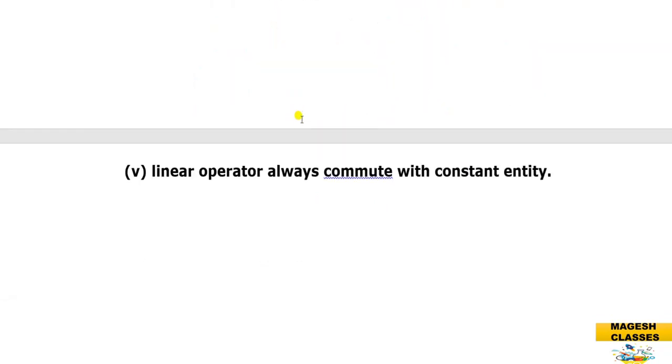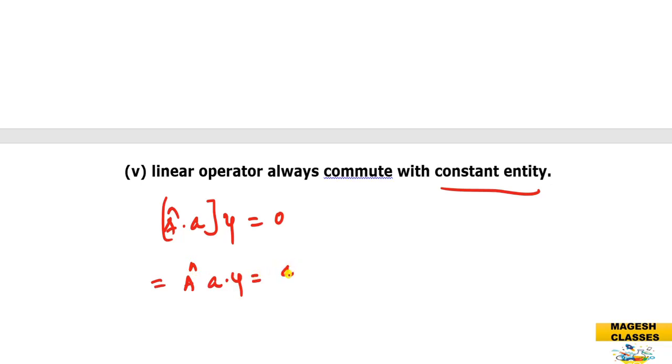Then our fifth property, a linear operator always commutes with a constant entity. The operator with the linear function is equal to 0. This is equal to A, the position is interchanged. Okay. So this is equal to ay minus ay. So this is equal to c.